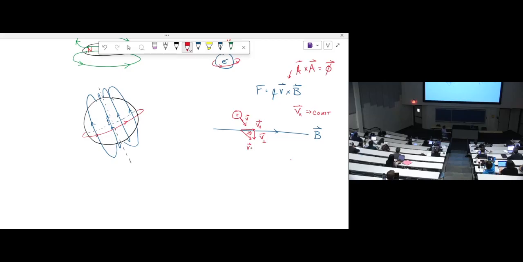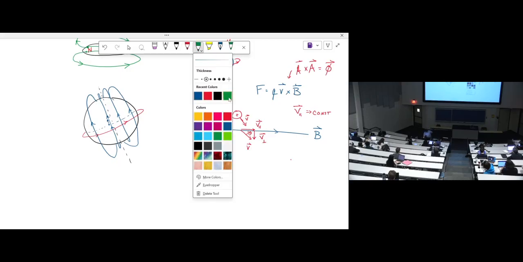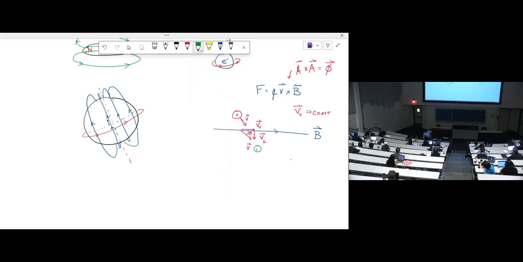At least as I've drawn it here, your thumb is going to be the direction of the force, and you would get a force that is out of the page, out of the screen.